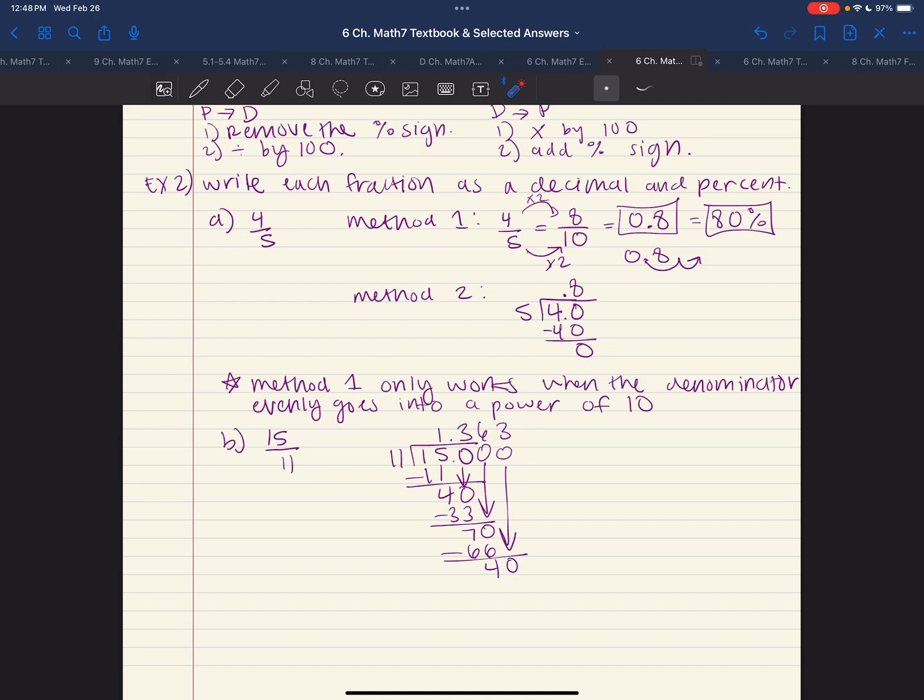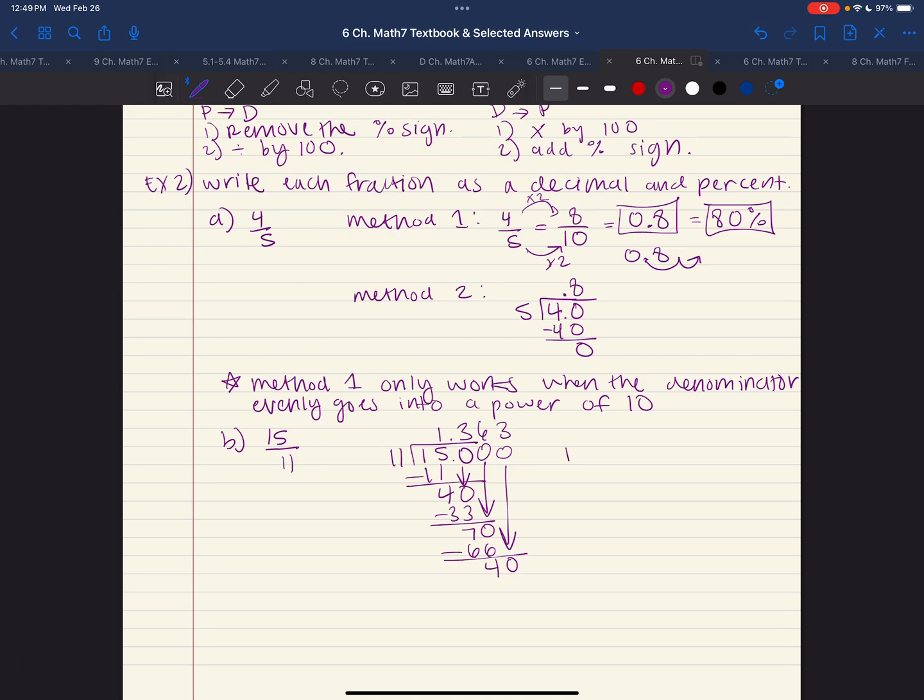So you're going to find that the 3 and the 6 are going to repeat itself because I see 40 here, 40 here, so I know that the 3 and the 6 will just keep repeating. So to write this as a decimal, it's 1.36 repeating.